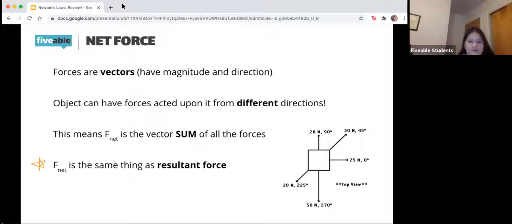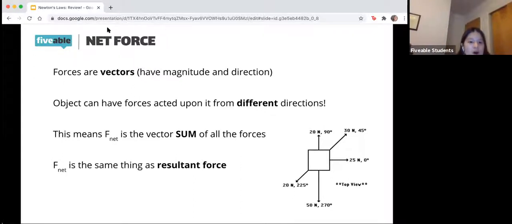So I just want to clear this out. Net force is the same thing as resultant force. It's the resulting force, the force that is the result. So if you ever see the word resultant force, that's net force. Okay, really quickly, I'm just going to get rid of that.